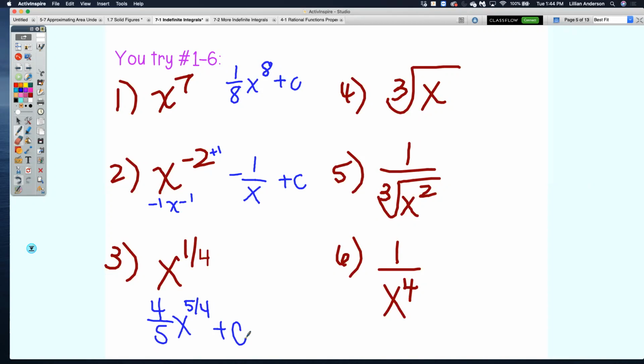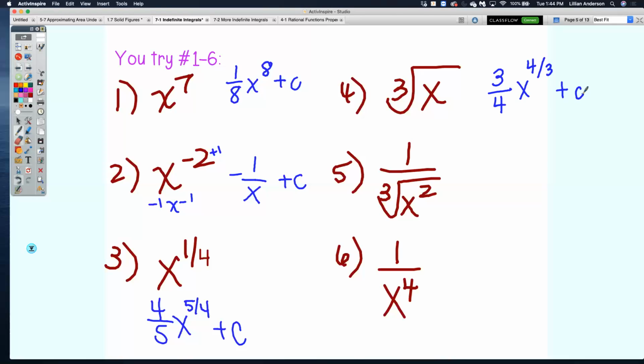Very good. Number 4. 3/4 x to the 4/3 power plus c. Good. Next.